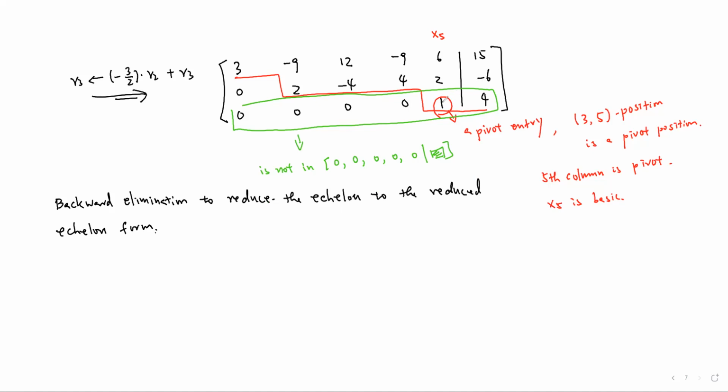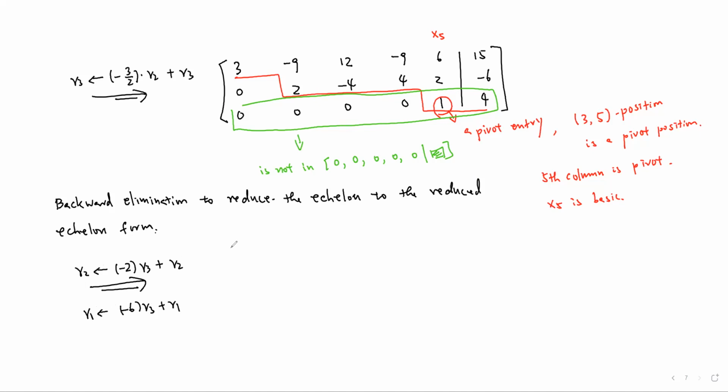Now I use this number 1 to create zeros above. To eliminate 2, I take -2 times row 3, then plus row 2, and put the result in row 2. I also use this number 1 to eliminate the number 6: -6 times row 3 plus row 1, put the result in row 1.